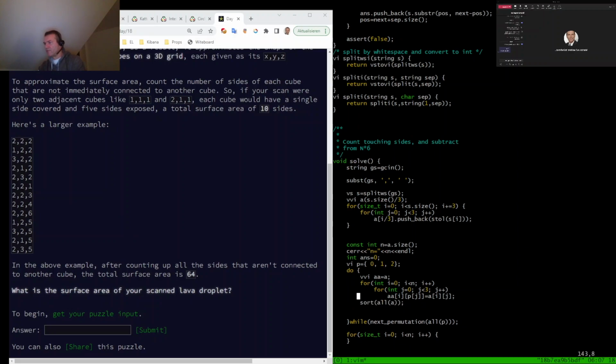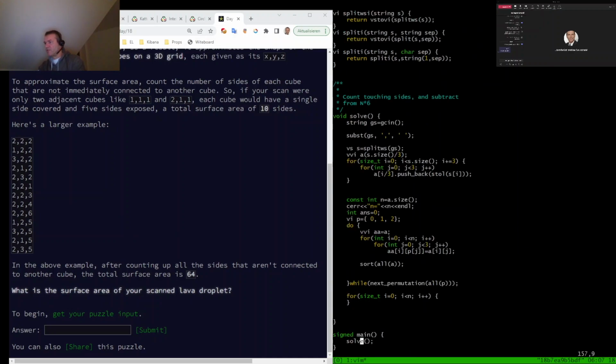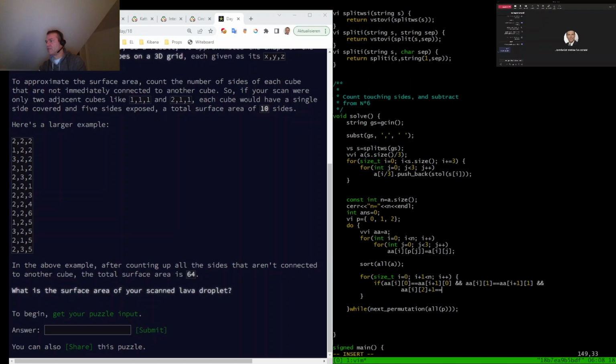Sorted. And now find the touching sides, the number of touching sides. If e plus 1 is smaller than e plus plus, then they are touching.